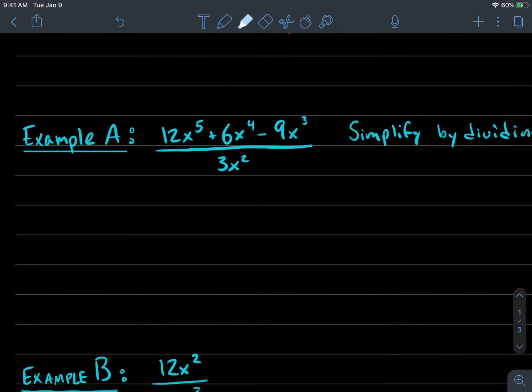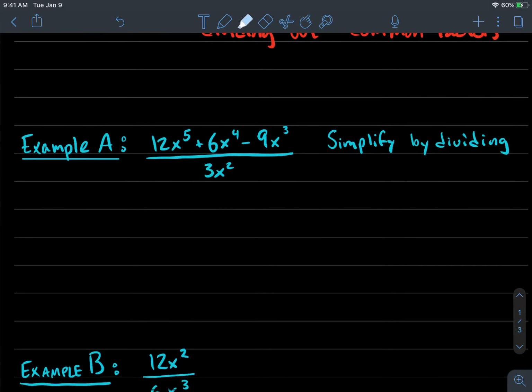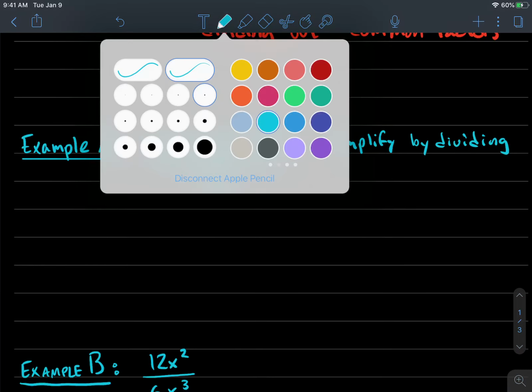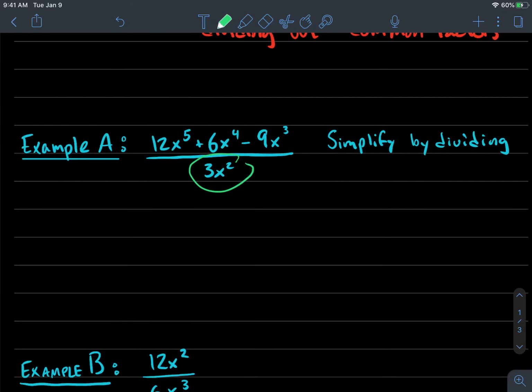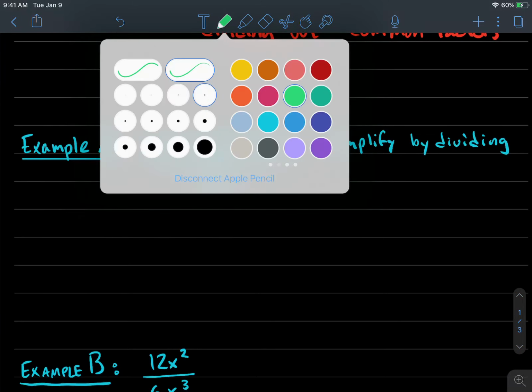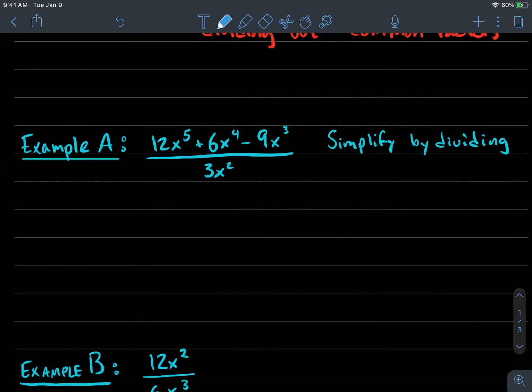All right. So we're gonna simplify by dividing. The way you do this problem, you see, there's this 3x here. This 3x is dividing the whole thing, but the way we want to take care of that is very specific. What you're gonna do is break up the fraction. You can do this because this 3x is underneath all of this here.